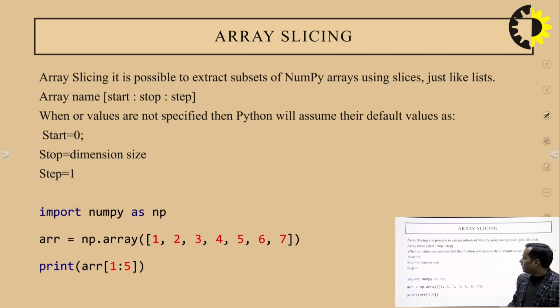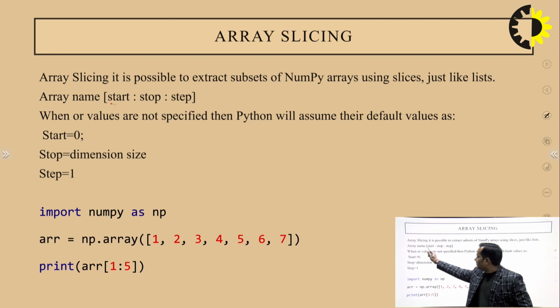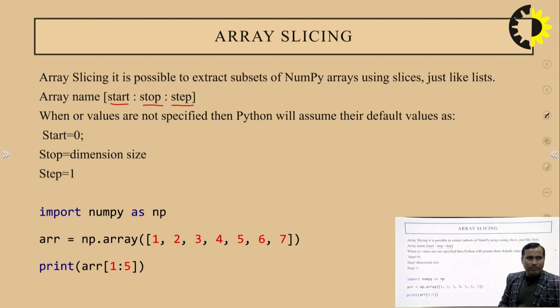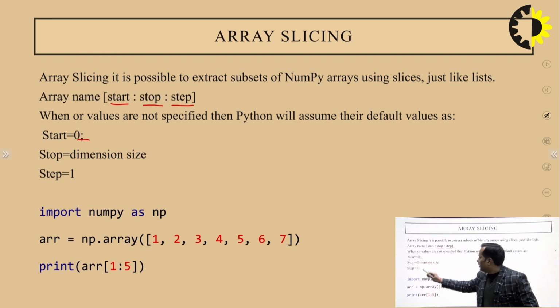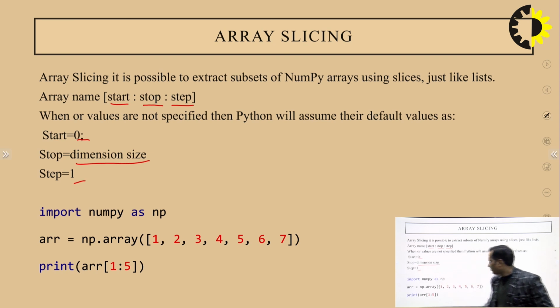Talking about array slicing, we can provide 3 parameters: start, stop, and step. The default start is 0, stop is the dimension size, and the step is 1.